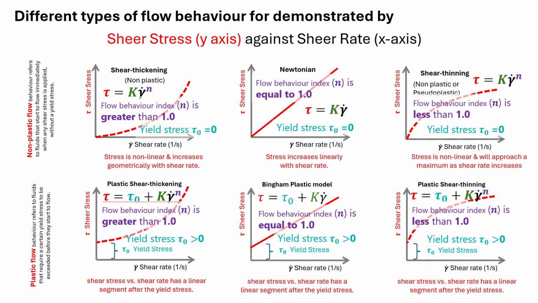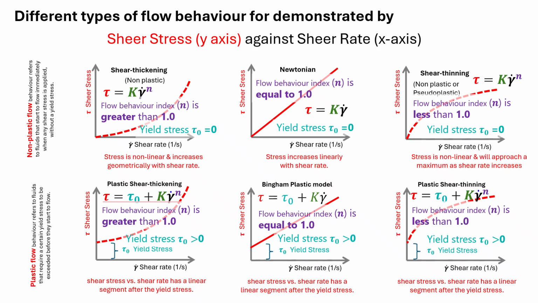Now, what you could look at those as is where you have a yield stress of 0 and you're still using the Herschel-Bulkley model, where you're saying that the yield stress is just equal to 0. Again, with this, what you can see is you've got this shear thickening scenario where the flow index is greater than 1.